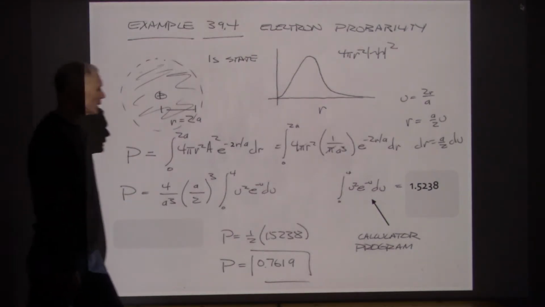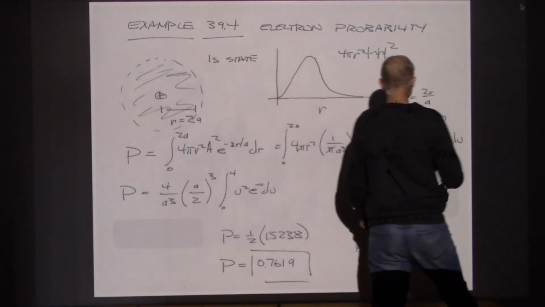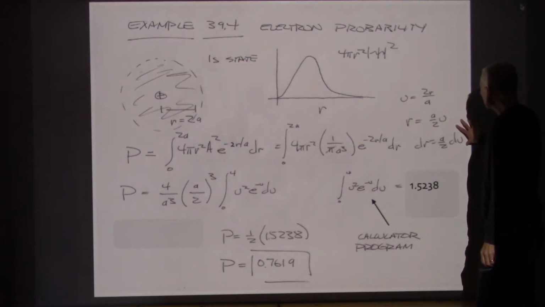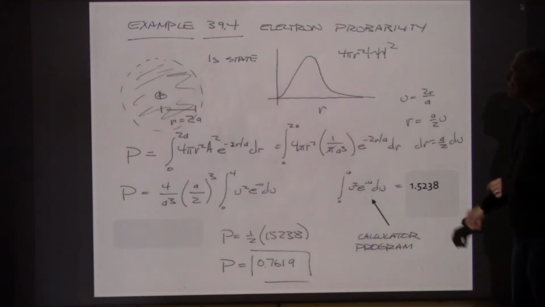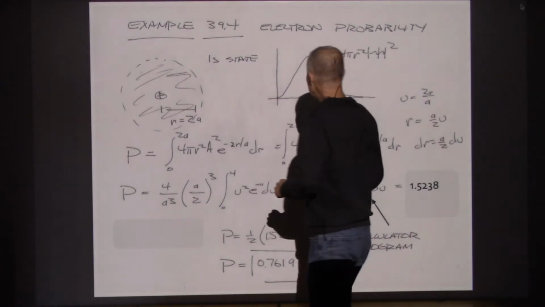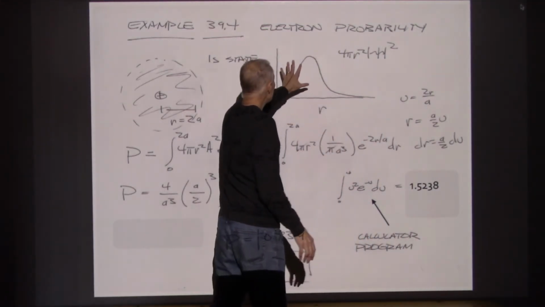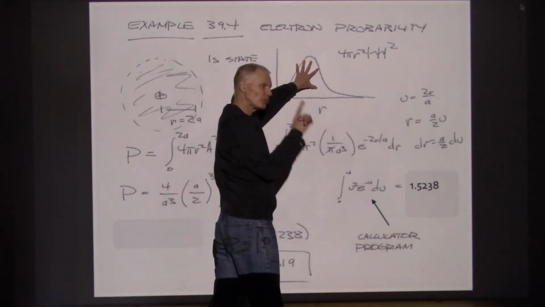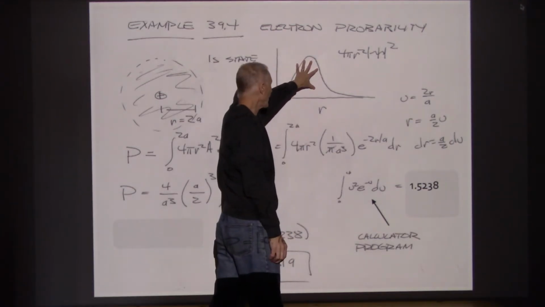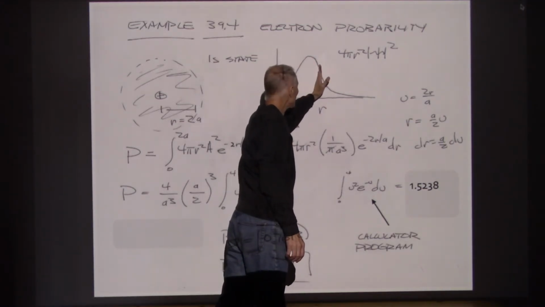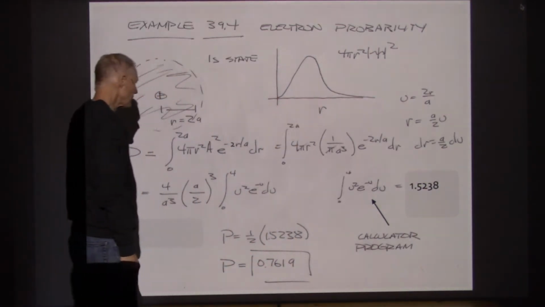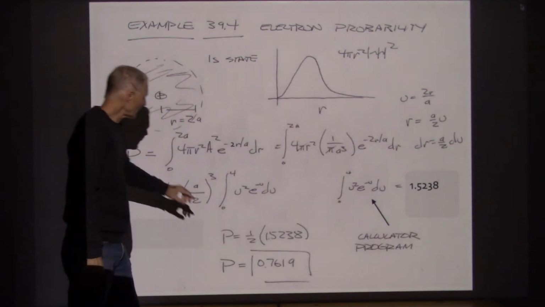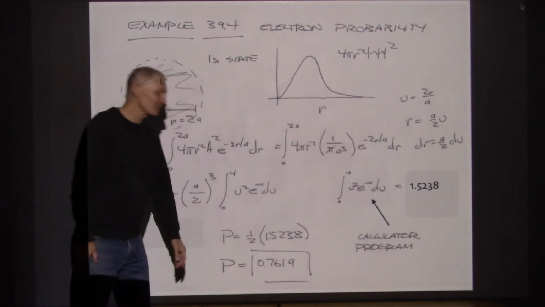And what we're going to do is, I'm not going to go into the real details here. I'm going to do a variable substitution. If this is something you want to follow along with, that's great. But basically, we're just finding out, of the total probability, which would be 1, if I only integrate out to here, how much of the probability am I including? When we carried out the calculation, we got 76%.